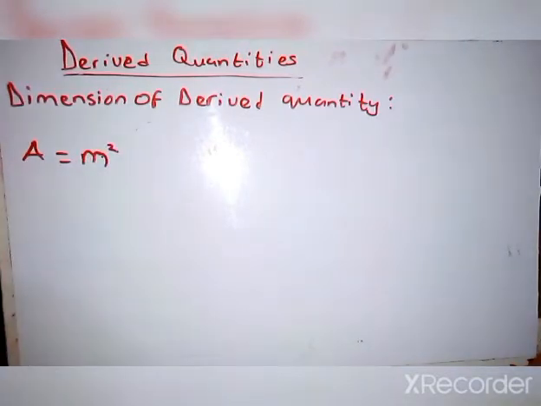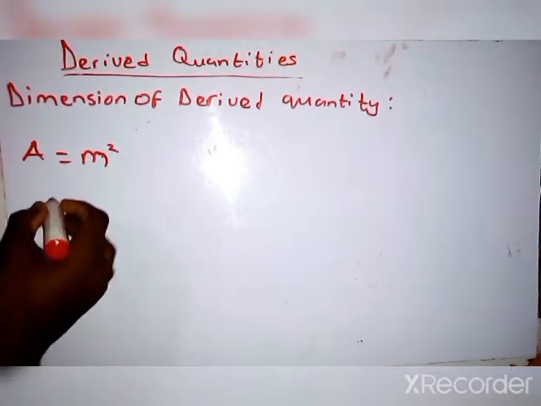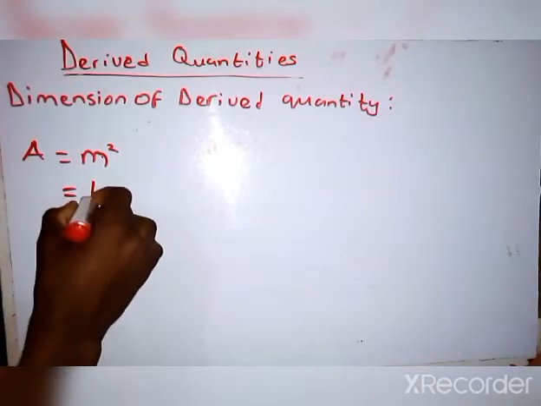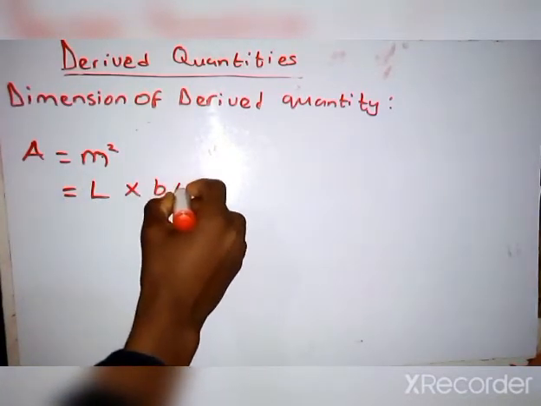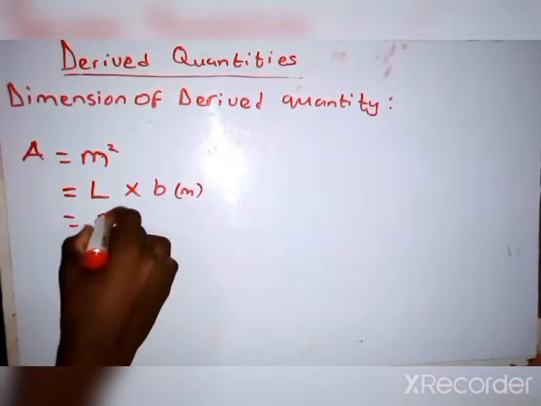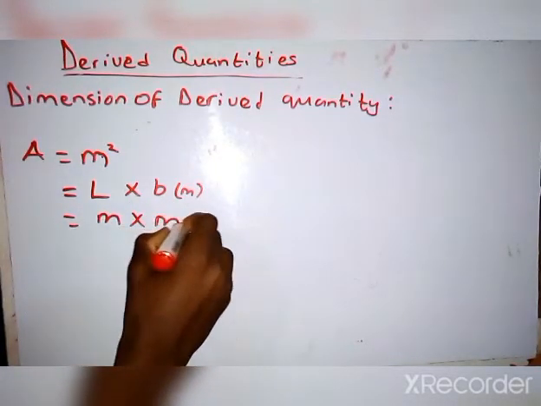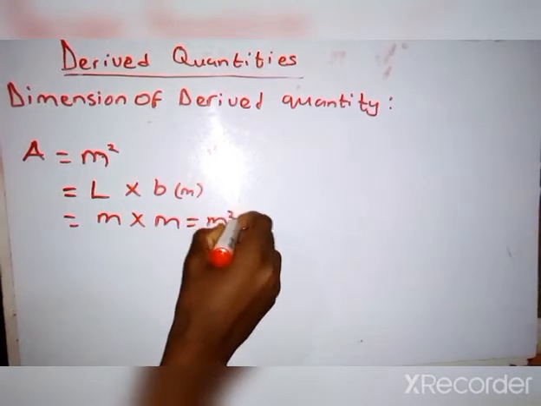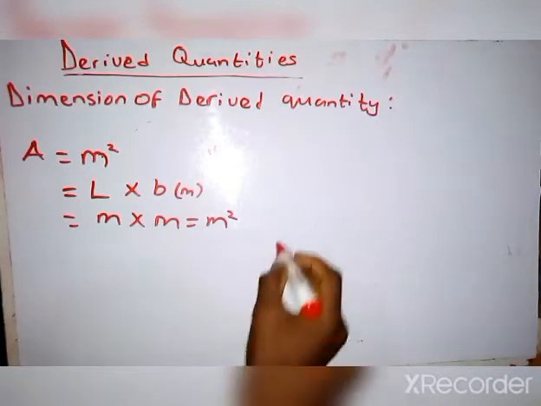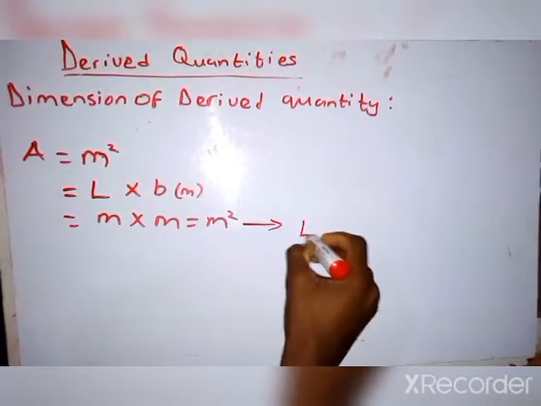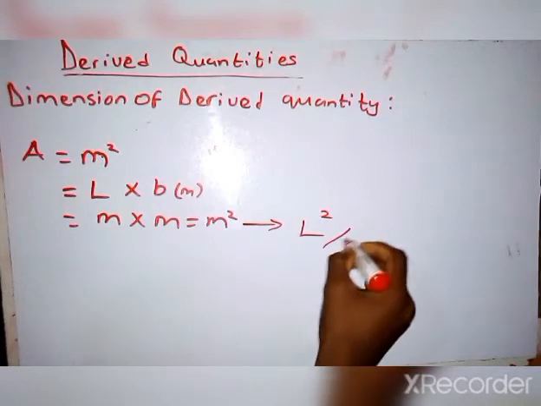Area is a combination of two fundamental quantities, length times breadth, and this breadth is also in meter. So we have meter multiplied by meter, which equals meter square. Since this is in meter square, the dimension will be: meter is length, so length squared. This is the dimension.